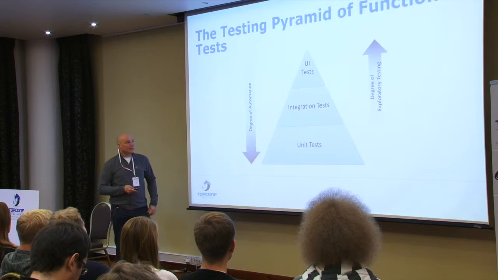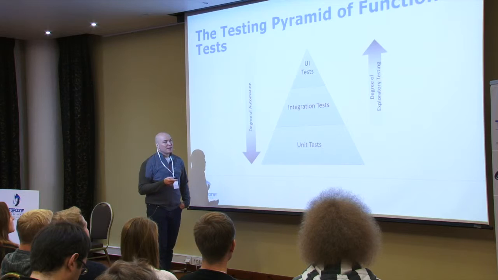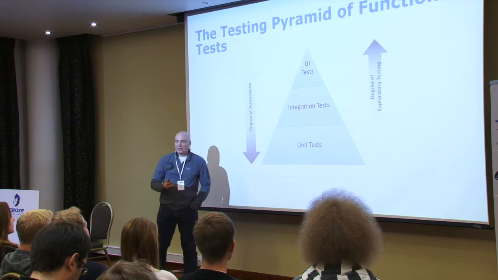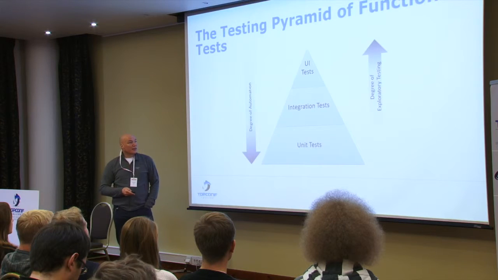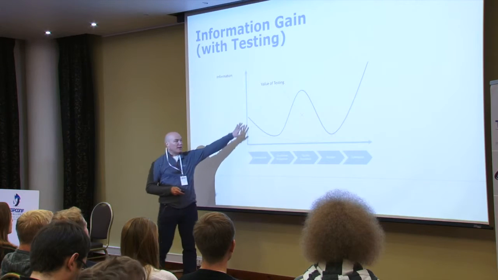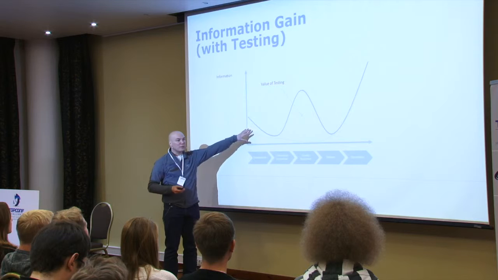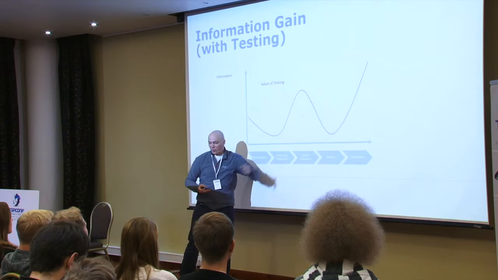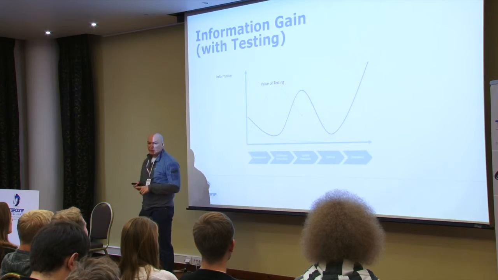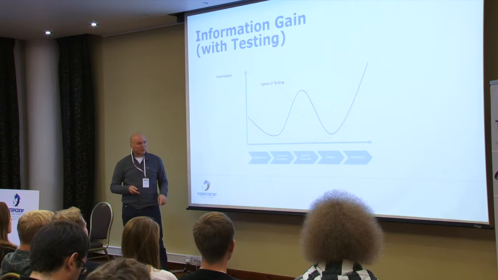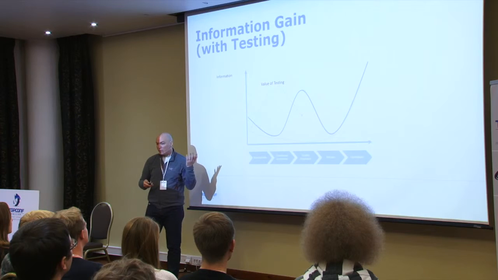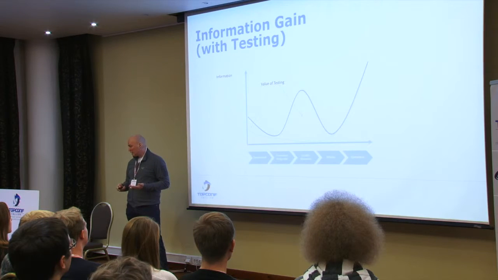So when we are testing, we have some manual activities, exploratory testing, to gain new information. This is where testers can help define new automated tests, but also cover the non-functional requirements, usability, stability, performance, and stuff like this. So you get much more information when you apply real testing.